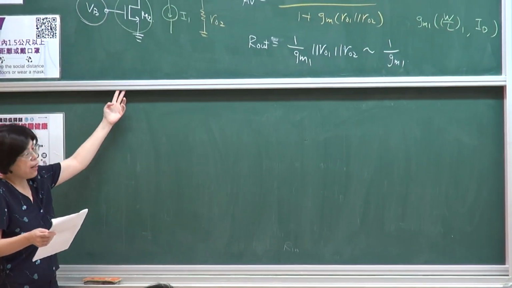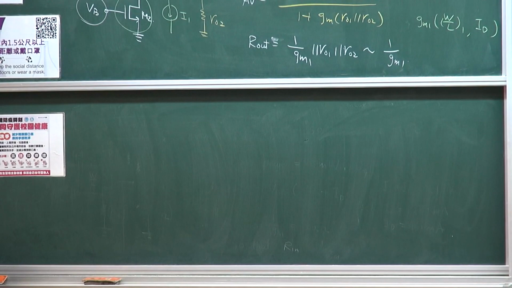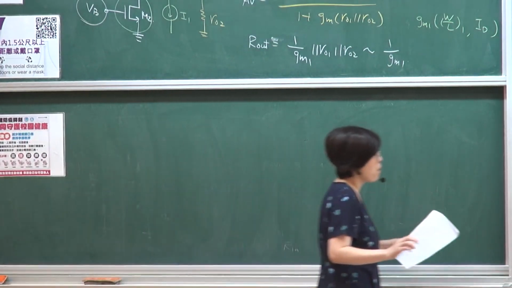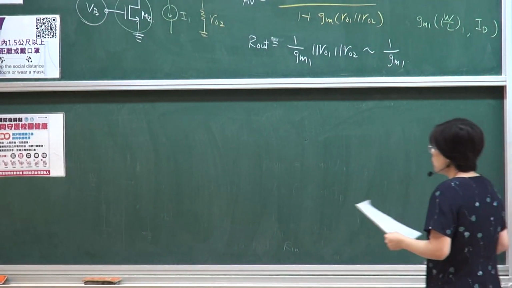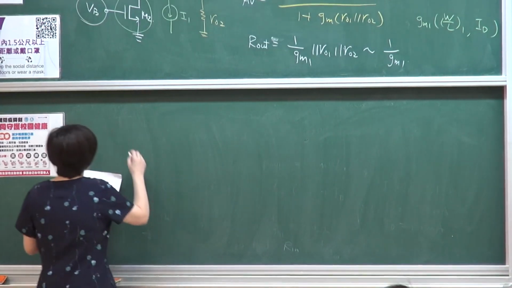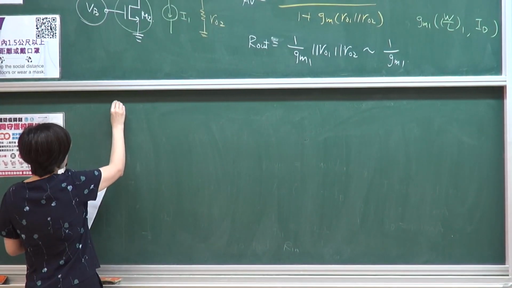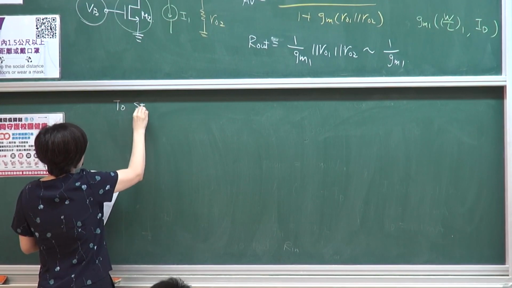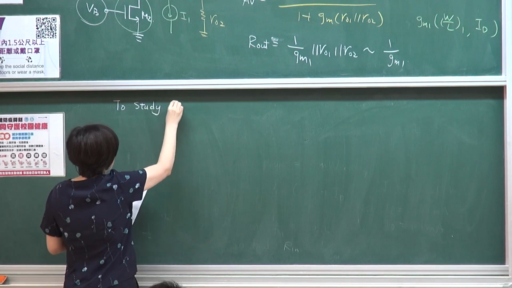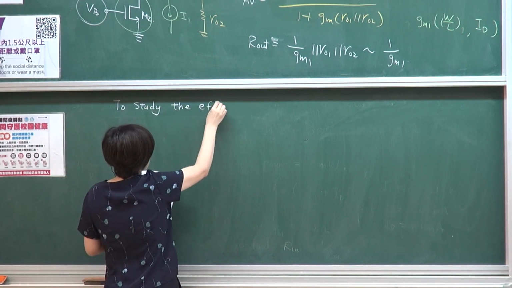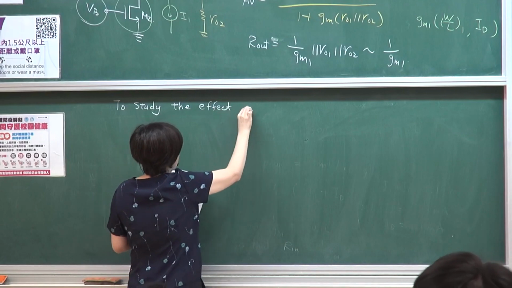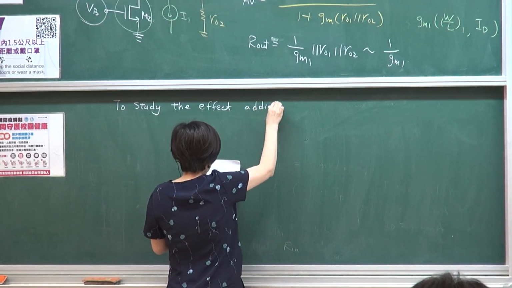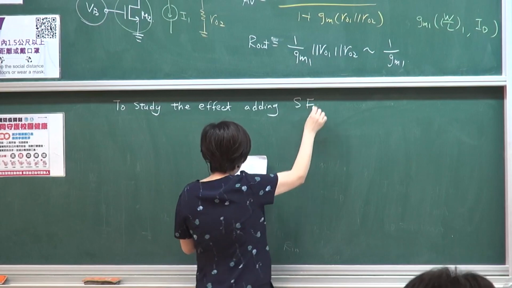So the next exercise we're going to go through is an example that we have already studied in bipolar, the discussion of the emitter follower. So we're going to use the same example, to study the effect of adding the source follower stage.